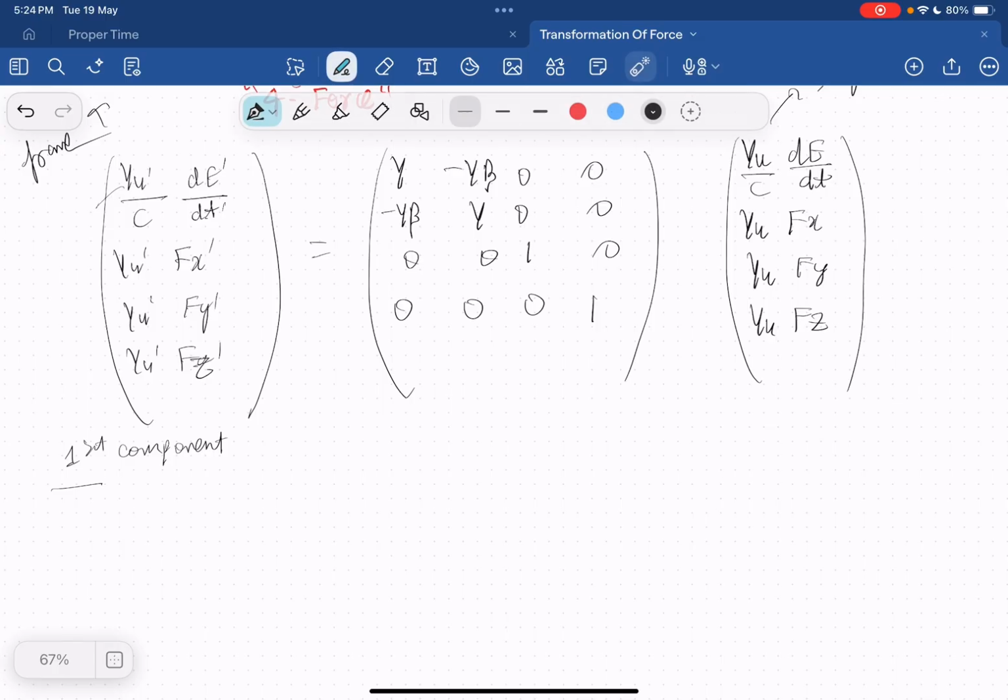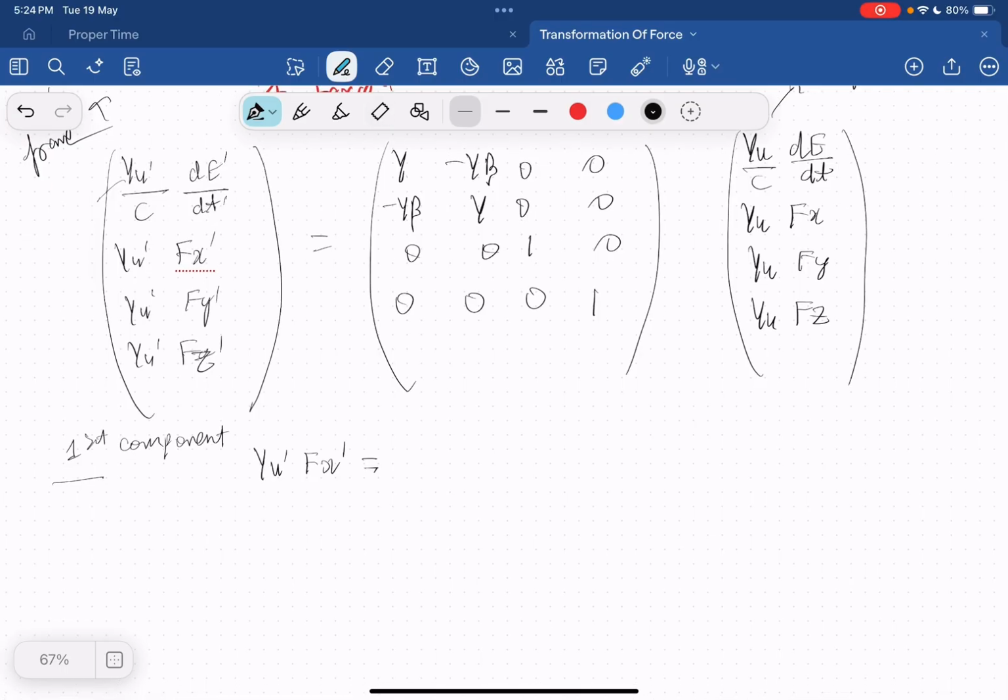So we have gamma u prime fx prime is equal to, we have, and just to distinguish between the gamma for the particle and gamma for the frame transformation, let us give this gamma subscript v.